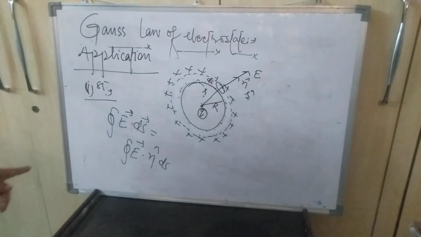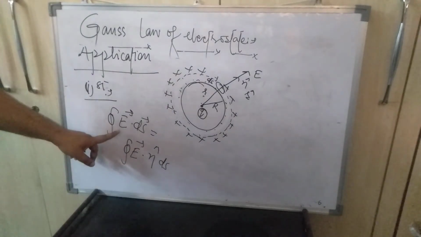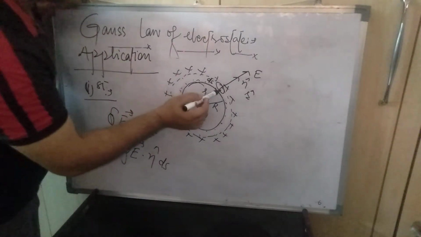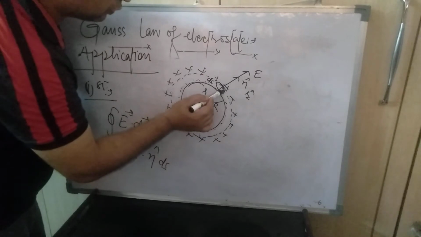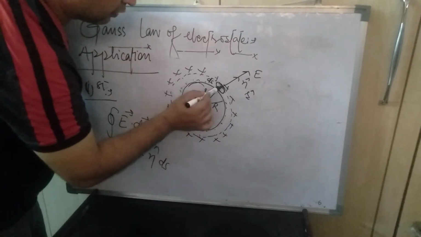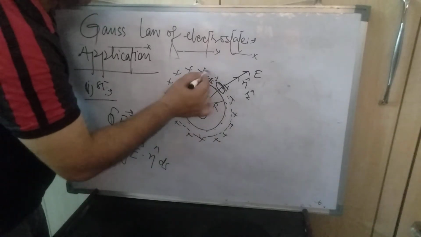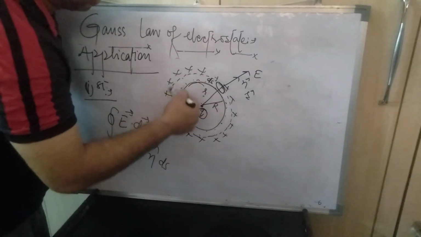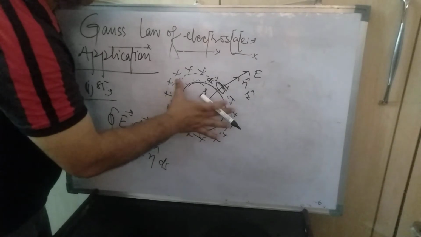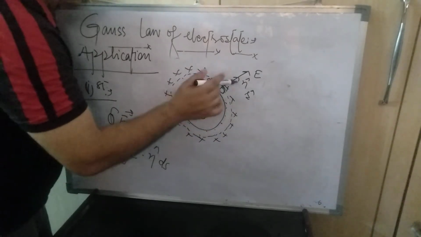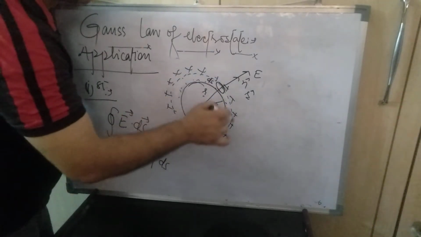Now let us suppose we evaluate the flux through that region, which is small r distance away from the center, which is the Gaussian surface, because we have to find the field at the outer region. That's why we have to find the field intensity at that region.